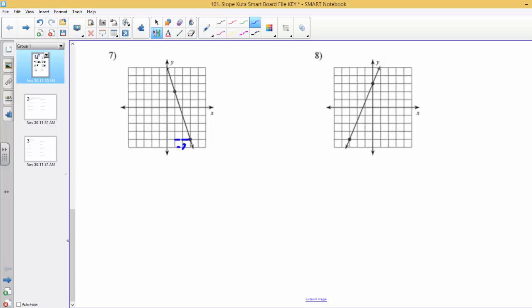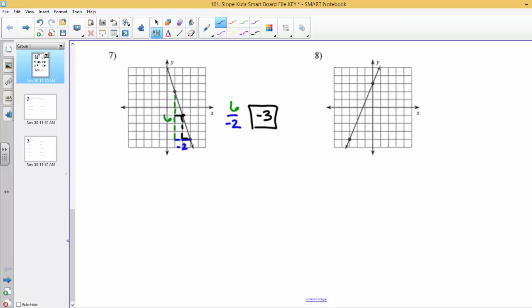Back 2. This is going to be negative because it's going down. 6. 6 divided by negative 2. Rise over run. That is reducible. 6 over negative 2 is negative 3. So you should do that. What's kind of cool about that is if you go over 1, up 3, it does cross at a perfect point right there.